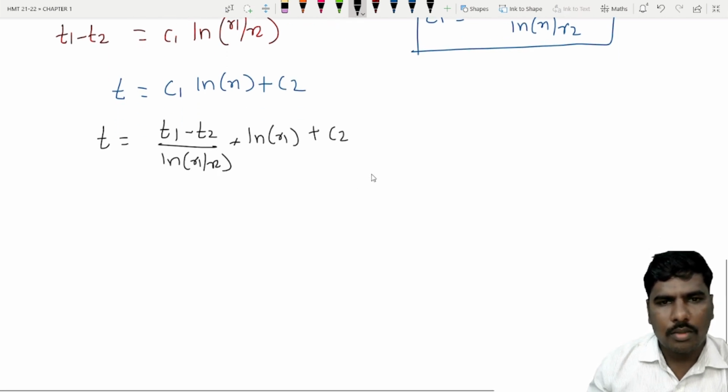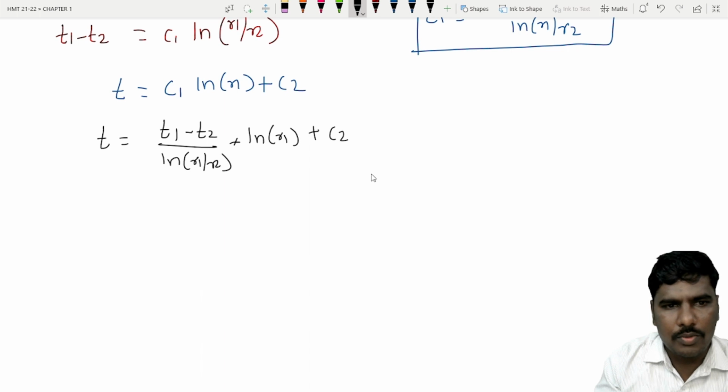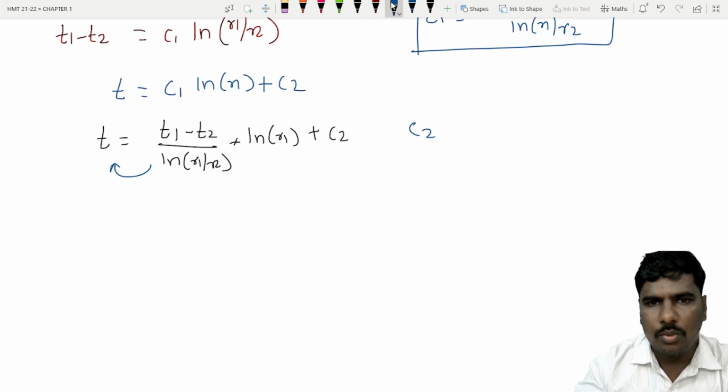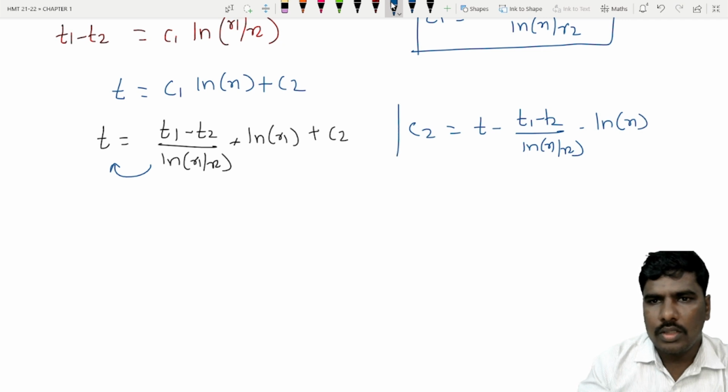Taking this term to the other side, we get the value of C2: C2 = T1 - (T1 - T2) upon ln(R1/R2) into ln R1. So this is the value of C2.